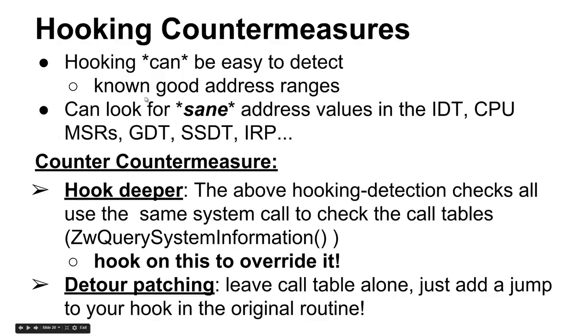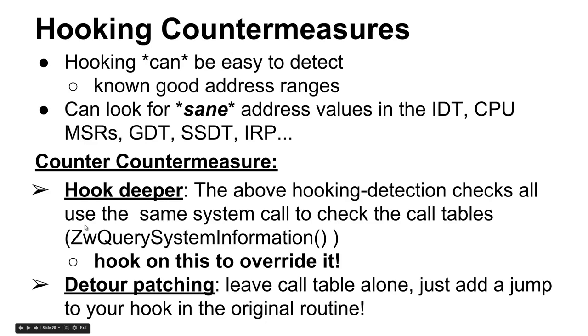So the way to get around this countermeasure is to either hook deeper or to do detour patching. So hooking deeper: all of the above hooking detection checks typically use the same system call to check the system call tables, which is ZwQuerySystemInformation.